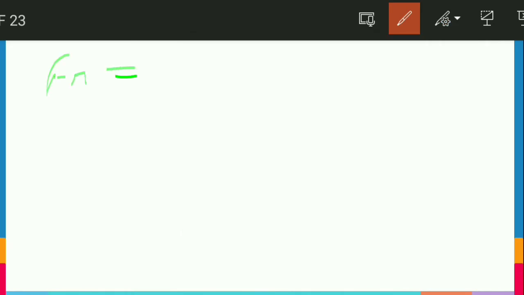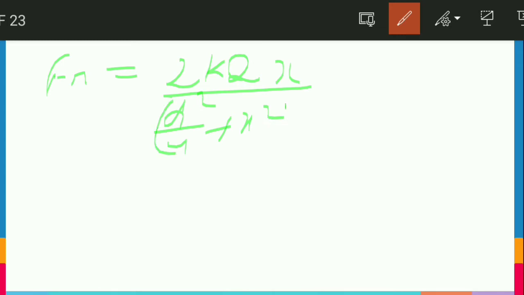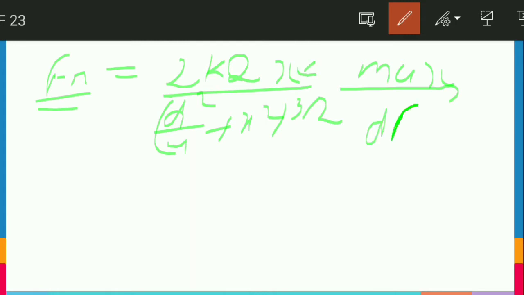We can write Fr equals 2kQq x upon d square by 4 plus x square whole power 3 by 2. I put the value of cos theta from the figure, and this is the thing we have to maximize. In the chapter maxima and minima you have learned to maximize a function, say F, where x is the variable: we make dF upon dx equal to 0.